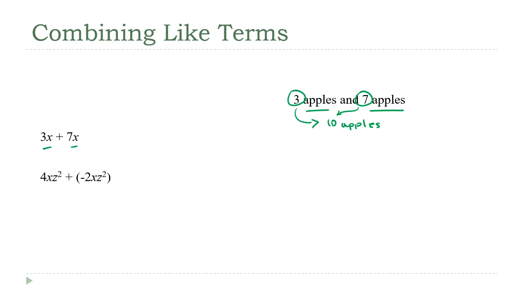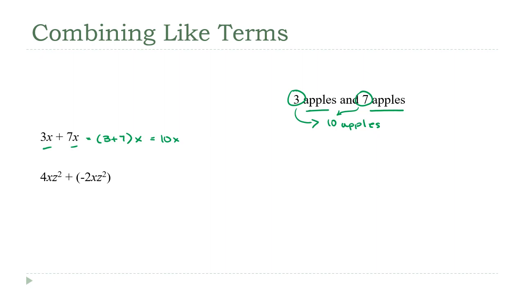We're going to do the same thing over here with the variables. All right, so when I have 3x plus 7x, I'm going to add the numbers together. And the object, if you will, the variable in this case, stays the same. So 3x plus 7x is just 10x. And I'll do the same thing down here. If these are like terms, these are the same expressions we had on the previous slide.